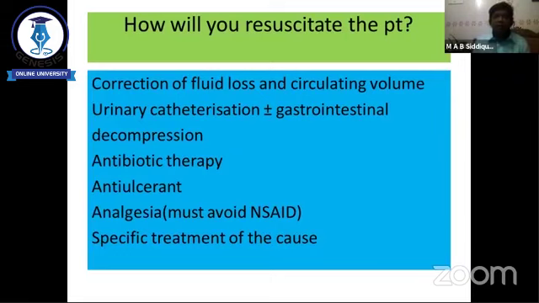Antibiotic therapy, anti-ulcerant, analgesia, but you must avoid NSAIDs, and especially treatment of the cause. If you mention these briefly, you will get full marks. But every time you should keep in mind that you must answer in a rapid way and cover the whole thing.